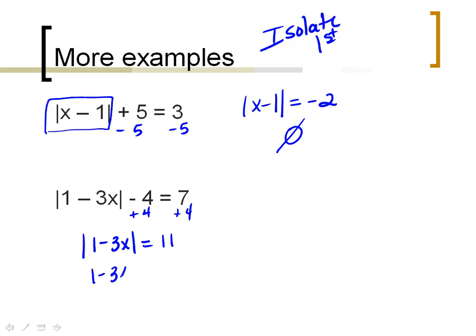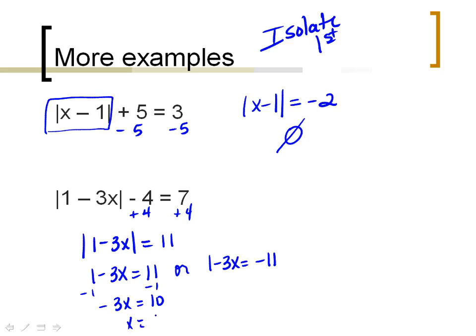So I have to set 1 minus 3x equal to positive 11, or 1 minus 3x is equal to negative 11. Again, the thing I'm setting it equal to is what numbers have an absolute value of positive 11, and that is 11 and negative 11. When I solve it, I subtract 1 from both sides to get negative 3x is equal to 10.